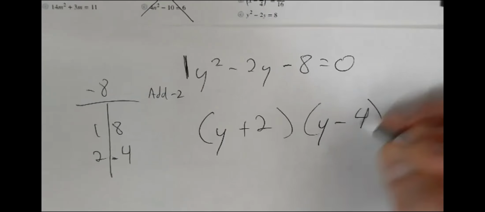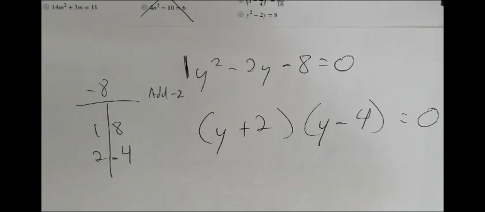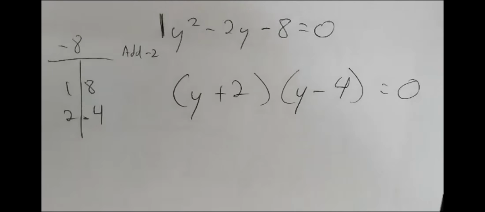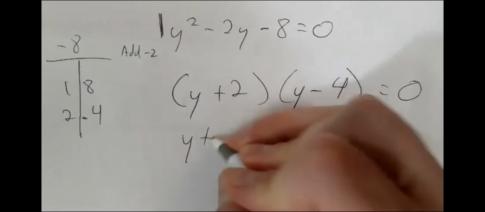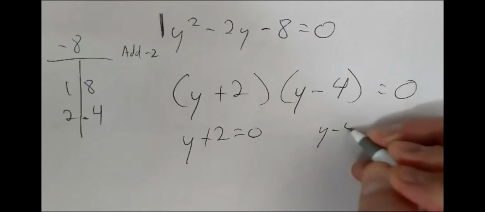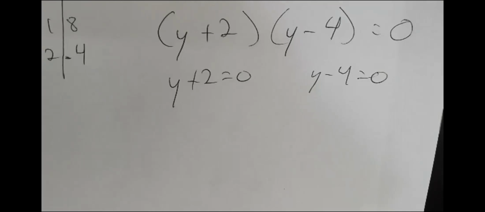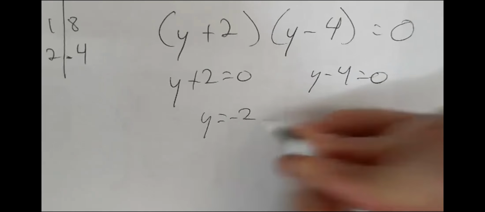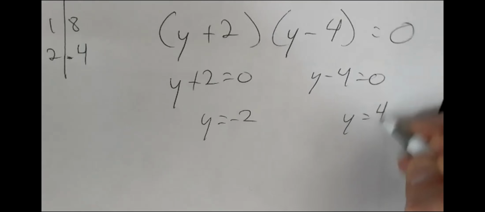I can jump right to my factors of this if the a is 1, right? I don't want to spend a whole lot of time jumping through these. So y is -2 or y is 4.